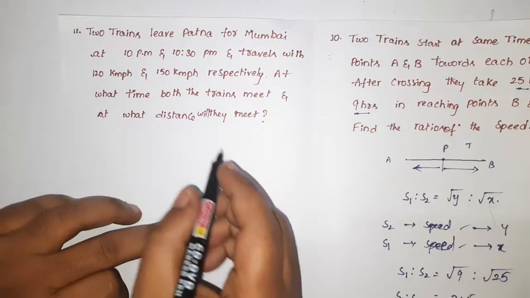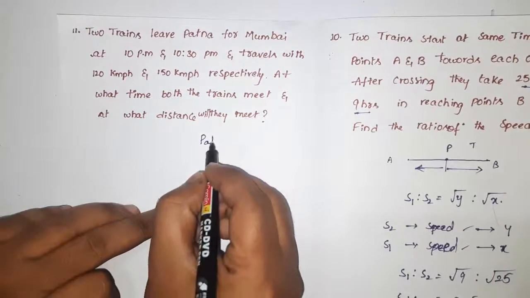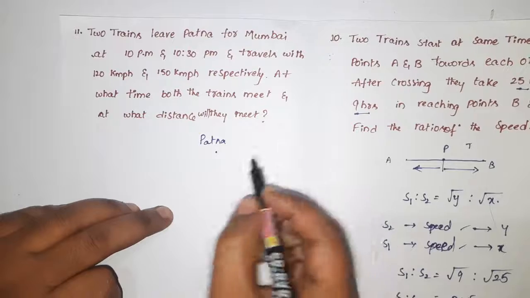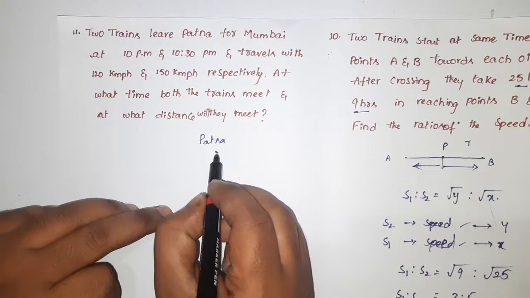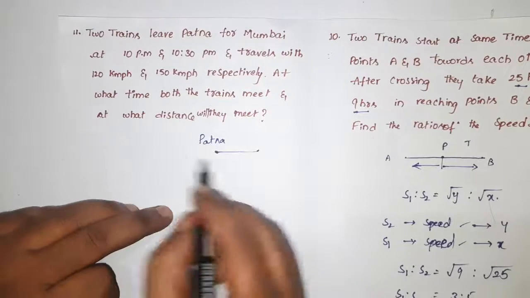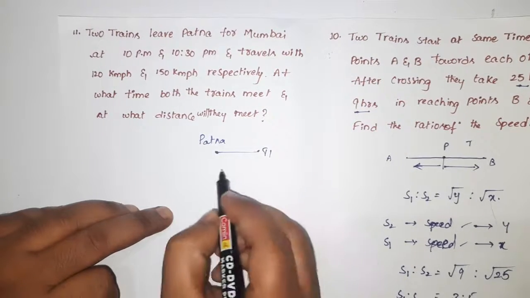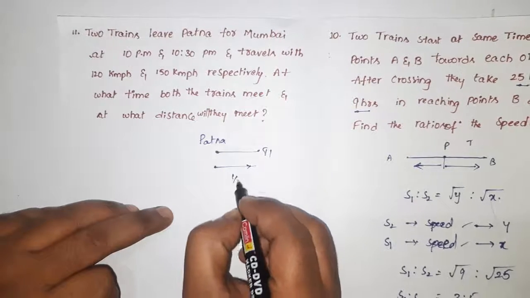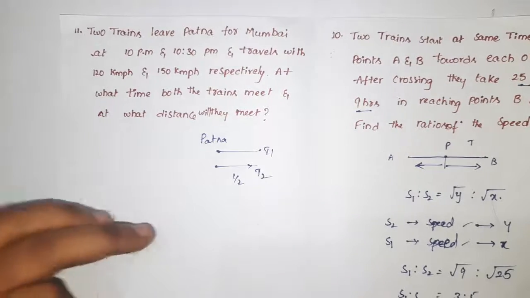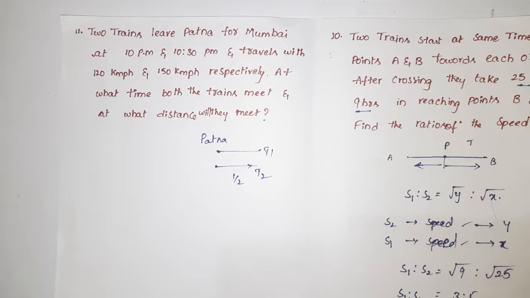So this is Patna. A train left the station at 10 pm and the second train left after half an hour. So we need to find at what time the second train will meet the first train.